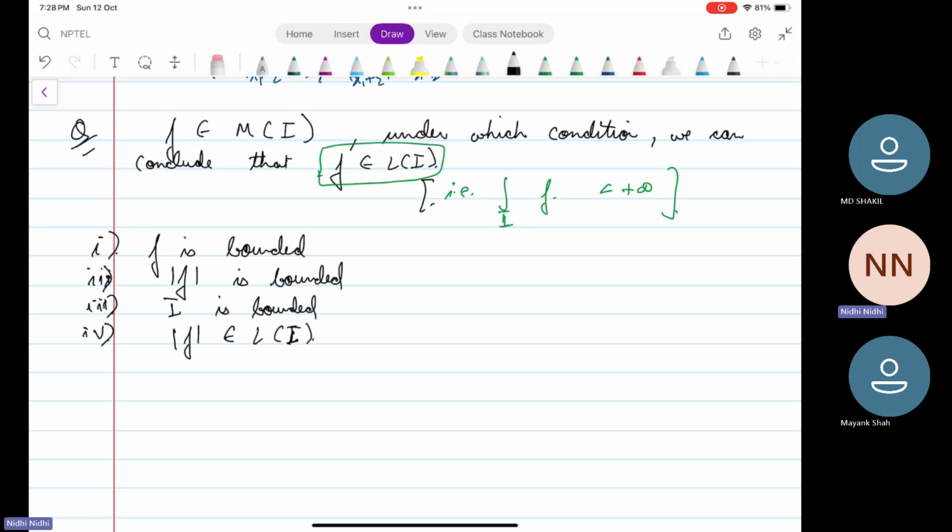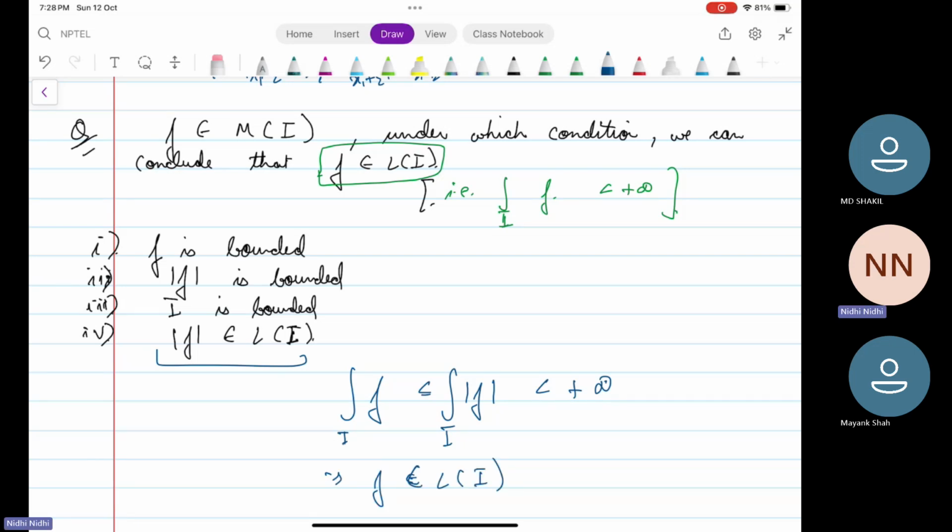Which of the following do you think is clearly incorrect? The fourth option is clearly correct. Why? Because f is always less than or equal to mod f. So eventually this will be less than or equal to this. And since this integral of mod f is finite, the function is integrable.